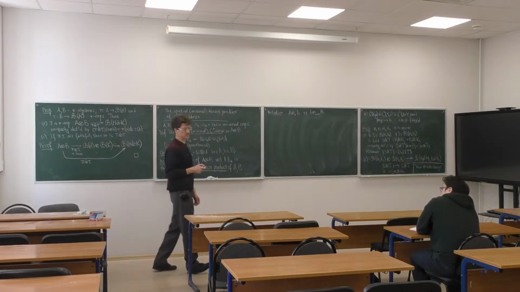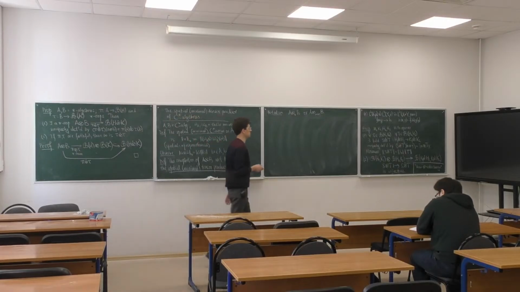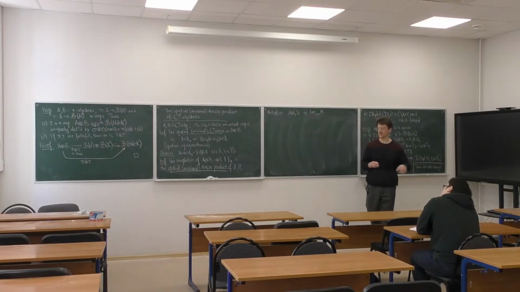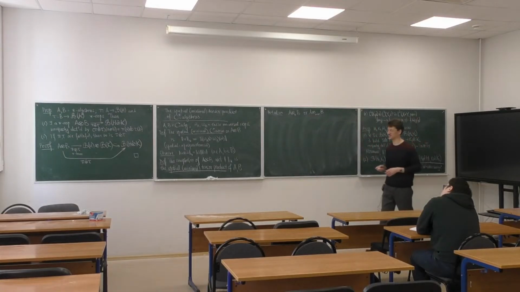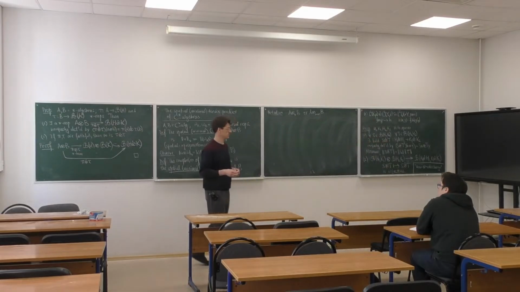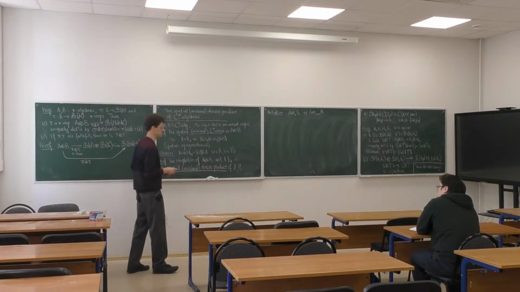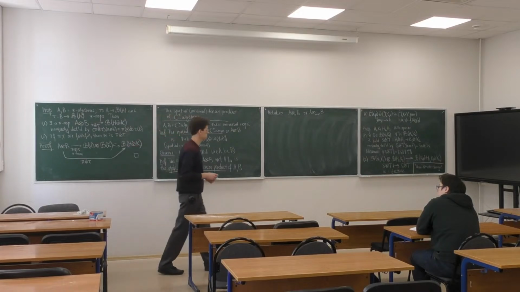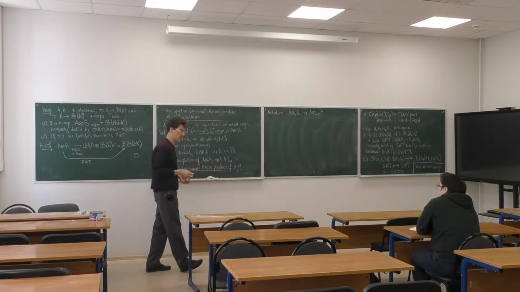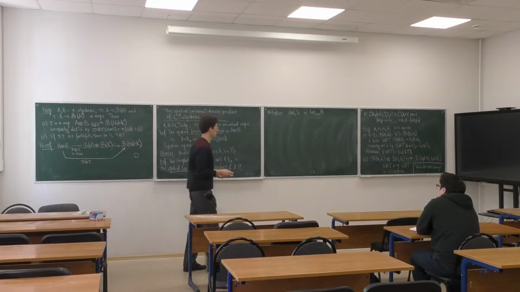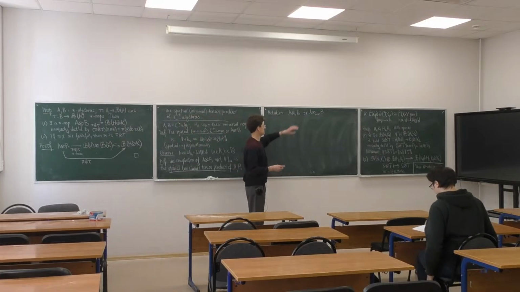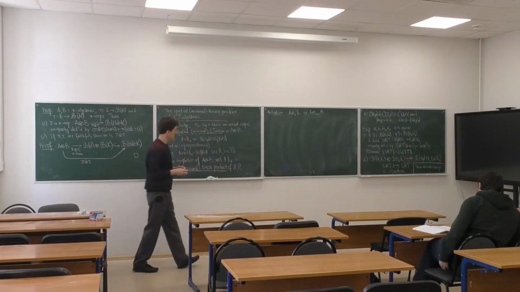Actually, in the C-star algebra literature, it is common to just write the usual sign of the algebraic tensor product without any subscripts or superscripts, and to say that this sign will always denote the minimal C-star tensor product. Sometimes this leads to confusion, because sometimes we have to consider the algebraic tensor product as well. Let's try to use a more complete notation for this tensor product.